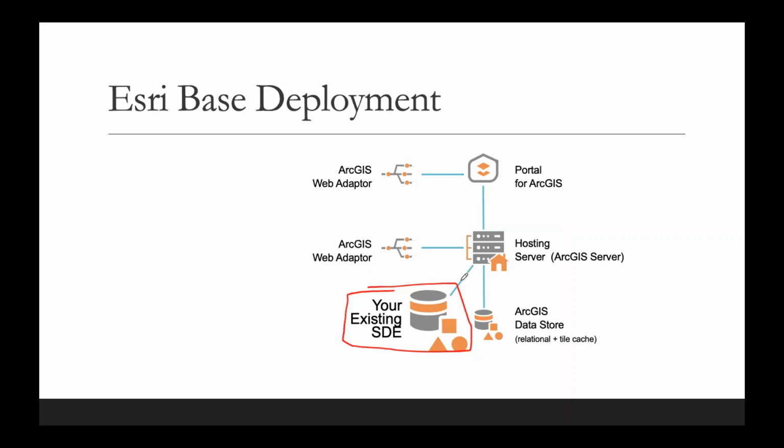You can keep that exactly how it is and make it a part of your Portal system. The data store is required to be able to use mapping or analytics on Portal.